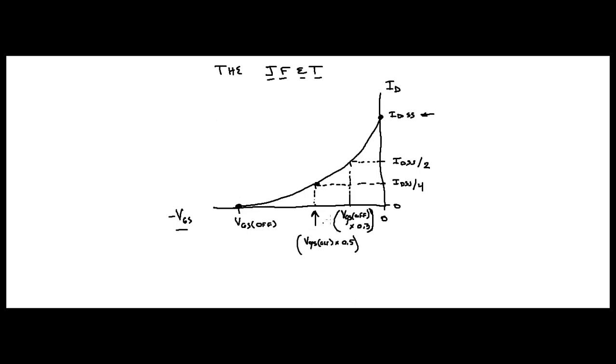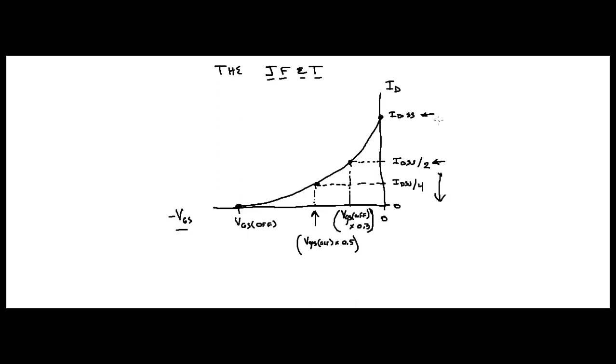Generally this is a target area right here. You want your circuit to operate around this region, around half. This way you have a lot of room.